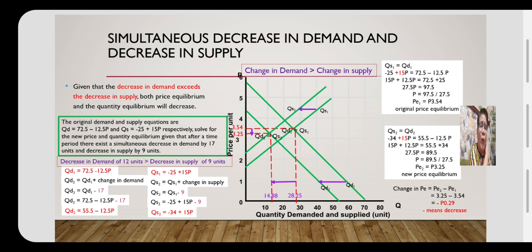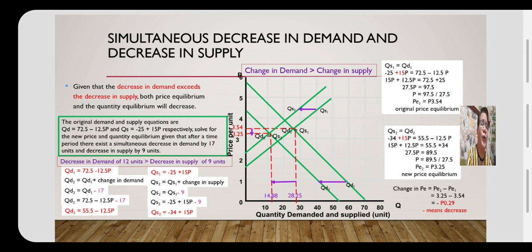And now that we have the new and the original price equilibrium values, we can compute for the change in price equilibrium. The change in price equilibrium is PE2 minus PE1. PE2 is the new price equilibrium and PE1 is the original price equilibrium.